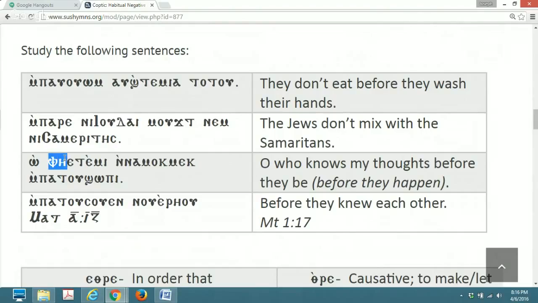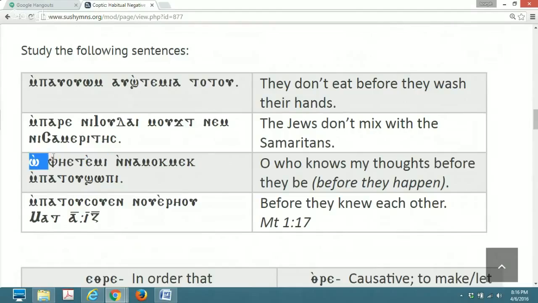So fi is the masculine further demonstrative, meaning the masculine, something further that, usually we'll translate it as he or you, depending on the context. Et is the relative, which means who. Ami means to know.